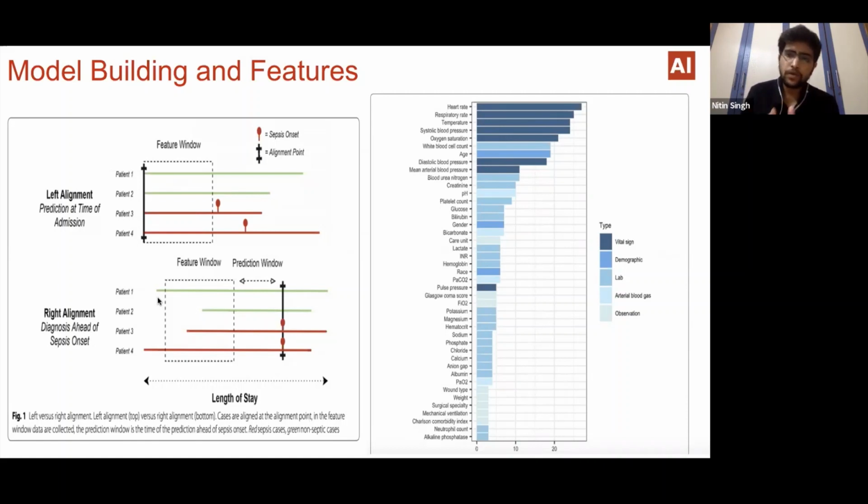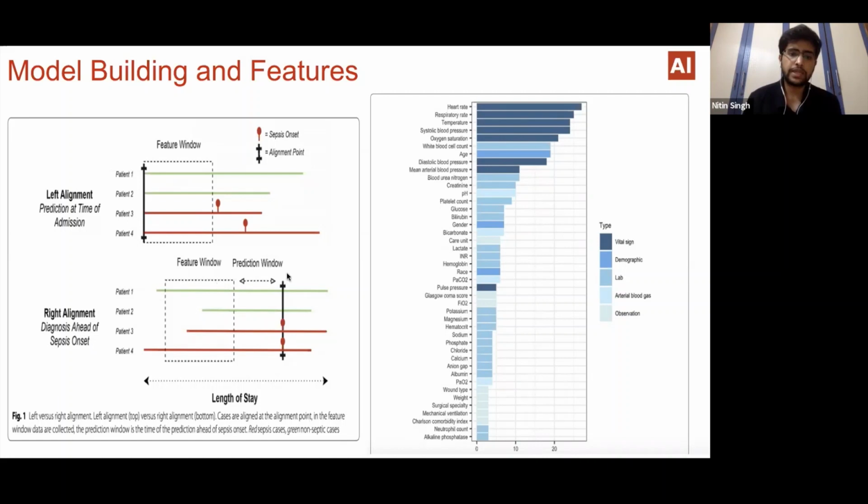The other way to look at it is that it depends on any medication given to a patient, any order for a lab given to a patient, or any fluctuation in vitals happening to the patient.